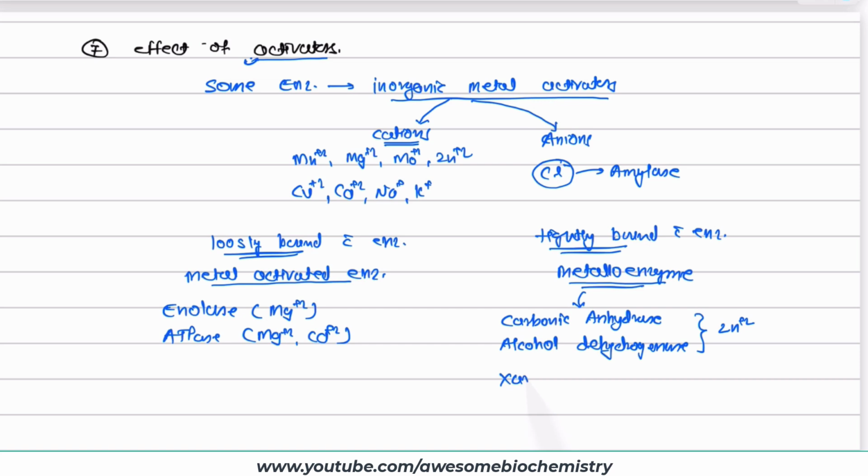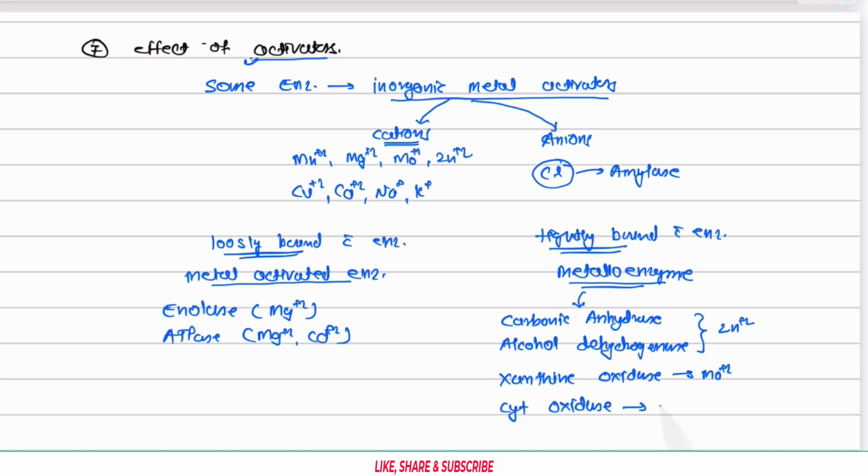Then we have xanthine oxidase. It contains molybdenum as a tightly bound activator. And then we have cytochrome oxidase. This cytochrome oxidase has iron, that is Fe+2, and copper, Cu+2, as tightly bound activators.